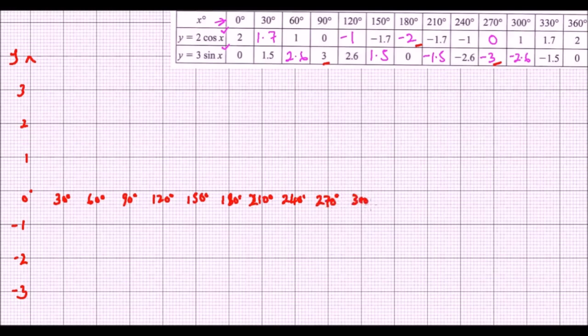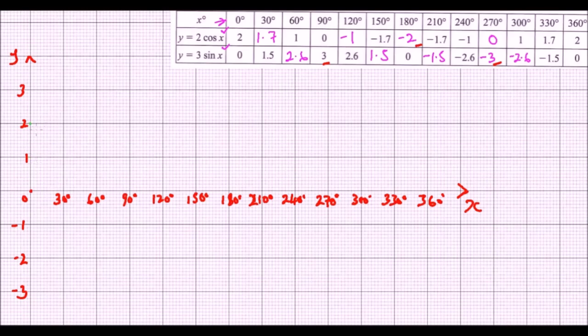So that is our x-axis. So it is very important to label your axis. From there, now start with the function y is equals to 2 cos x. So the function y is equals to 2 cos x, when x is 0 degrees, y is 2.